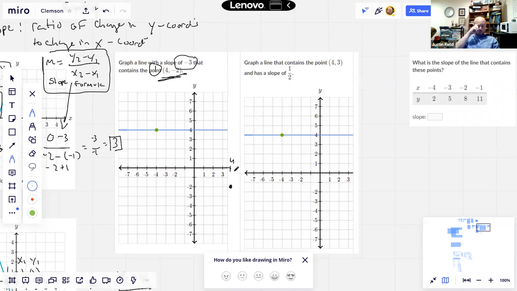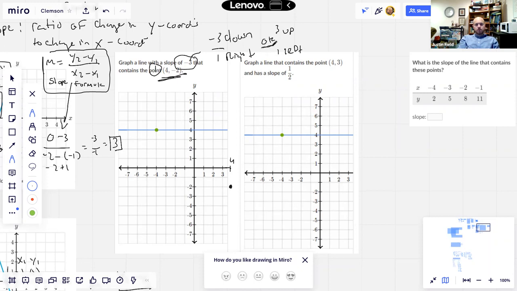Okay, and the slope is -3. So what that means is -3, and I'm going to put it over 1, right? So this means we're going to go down 3 and right 1, or up 3 and left 1.